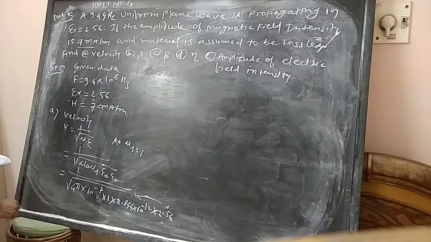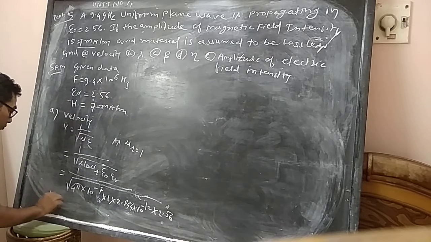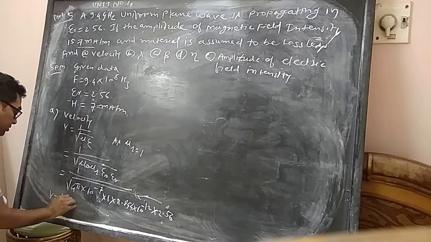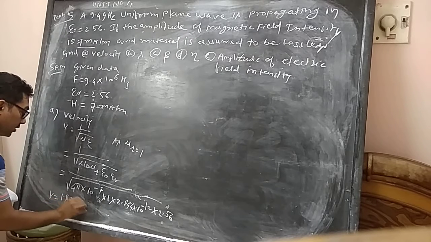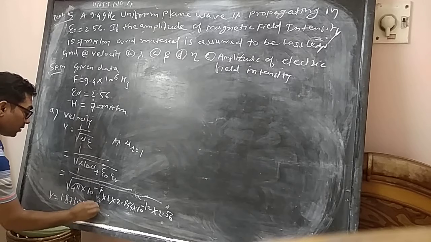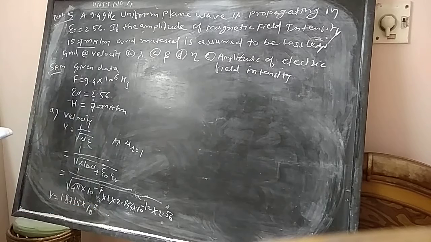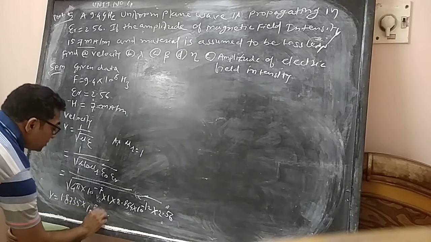So the velocity of propagation v equal to 1.8735 into 10 raised to power 8 meter per second.